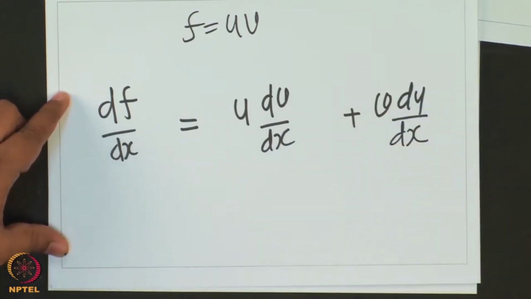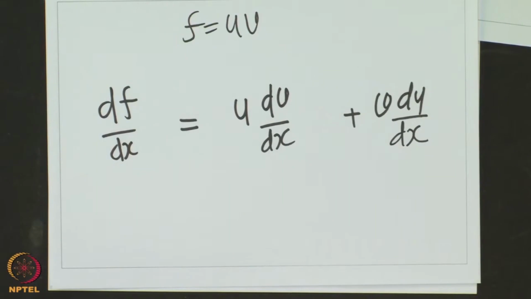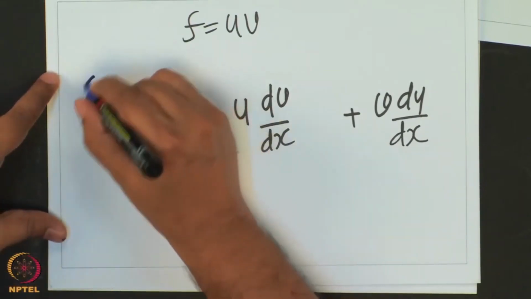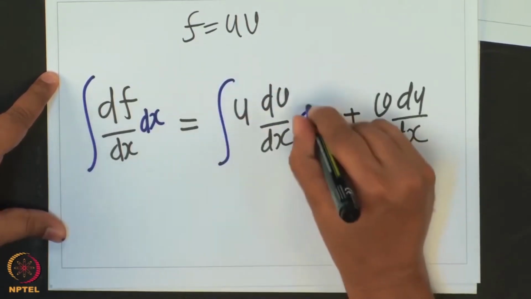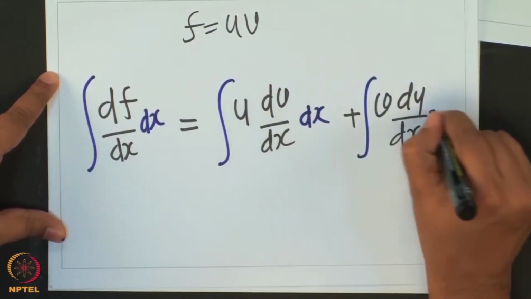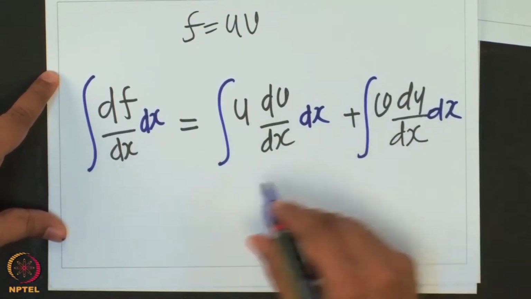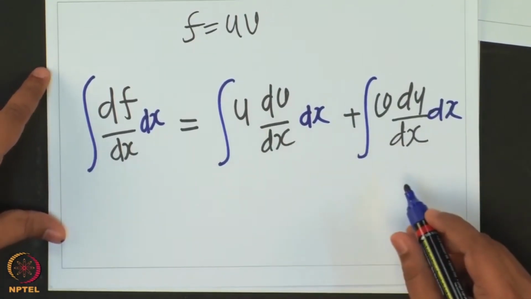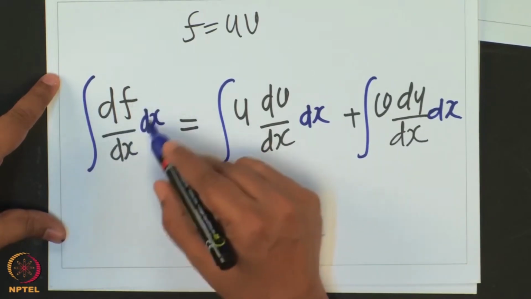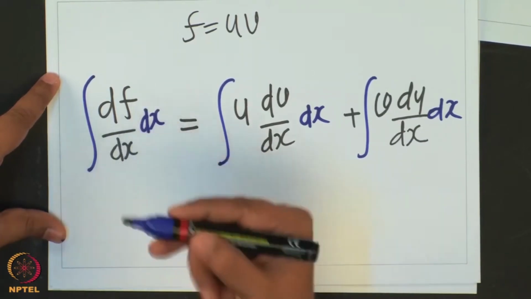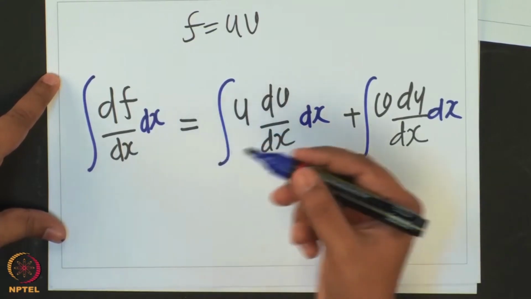I can integrate this everywhere by multiplying with dx. The integral of this is the same as the integral of this plus the integral of this, and we know that the integral of df by dx would be f.